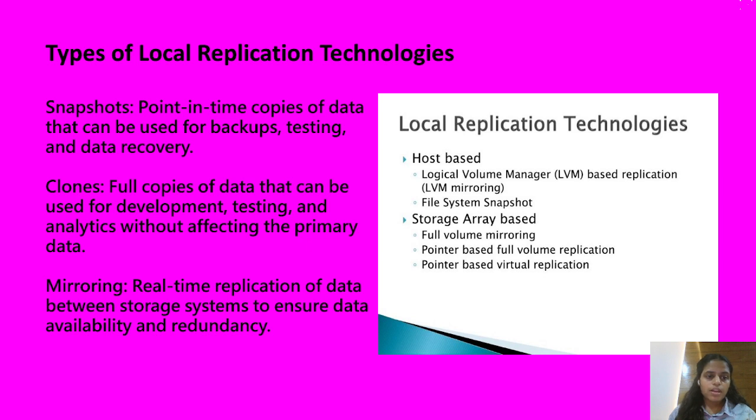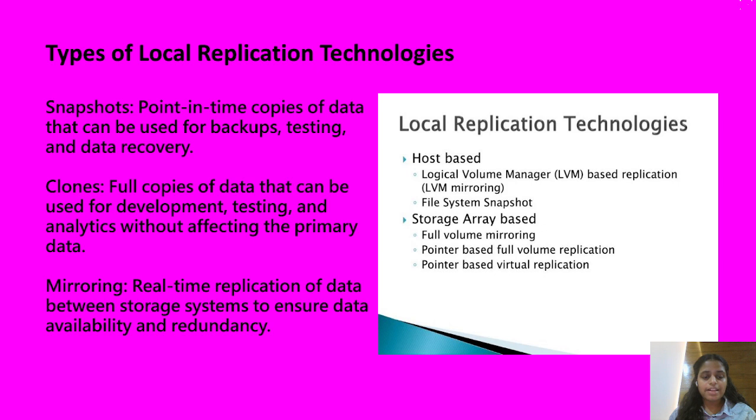Let's look into the types of local replication technologies. Local replication technology has snapshots, clones, and mirroring. Snapshots means point-in-time copies of data that can be used for backups, testing, and data recovery. Clones means full copies of data that can be used for development, testing, and analytics without affecting the primary data.